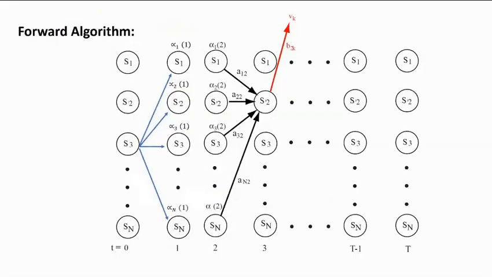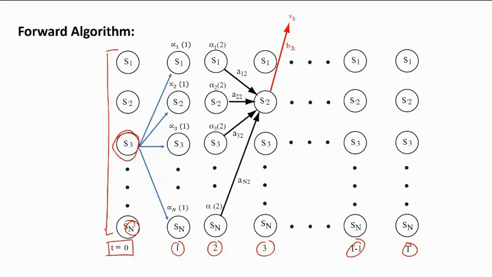Now to do this, suppose we have N states, and these are time steps 0, 1, 2, 3 and so on up to T. I write all the states here. Let us say this is my initial state, and then I proceed up to T states.